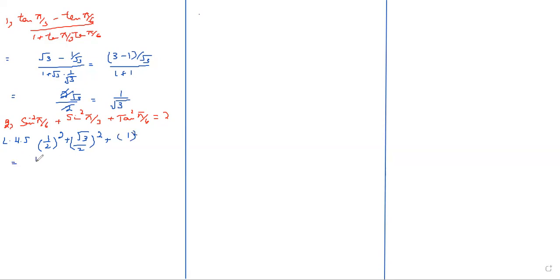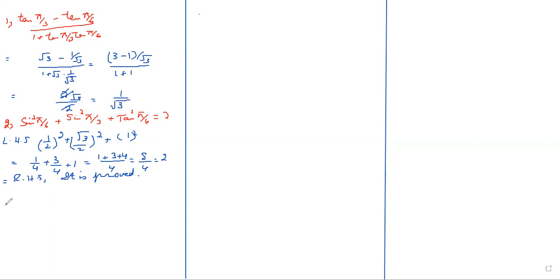Right, so equals 1 over 4 plus 3 over 4 plus 1, which equals 1 plus 3 plus 4 over 4, which equals 8 over 4, which equals 2, which is the right hand side. Hence proved. This is the question number 2 we have solved just now.